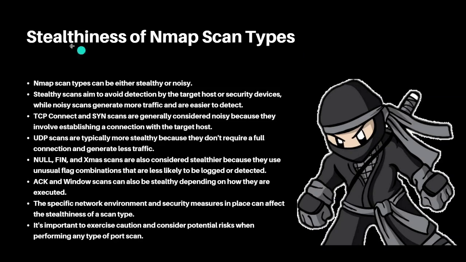Stealthy scans aim to avoid detection by the target host or security devices, while noisy scans generate more traffic and are easier to detect. TCP connect scans and SYN scans are generally considered noisy because they involve establishing a connection with the target host. UDP scans are typically more stealthy because they don't require a full connection and generate less traffic.